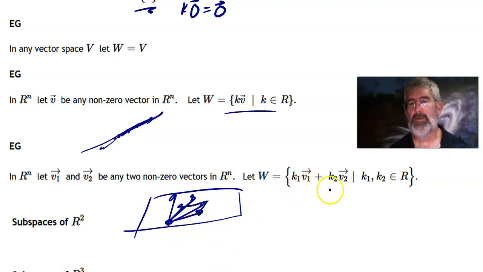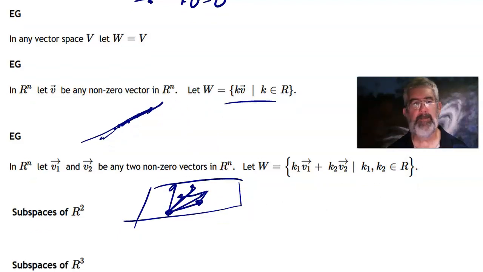I know it goes through the origin because I could take k1 and k2 both equal to 0, in which case this would give you 0 plus 0, which would be the zero vector. So these would be planes through the origin. Lines through the origin are subspaces, planes through the origin are subspaces. The textbook that we have just does this in R2 and R3, but it's true in Rn as well.